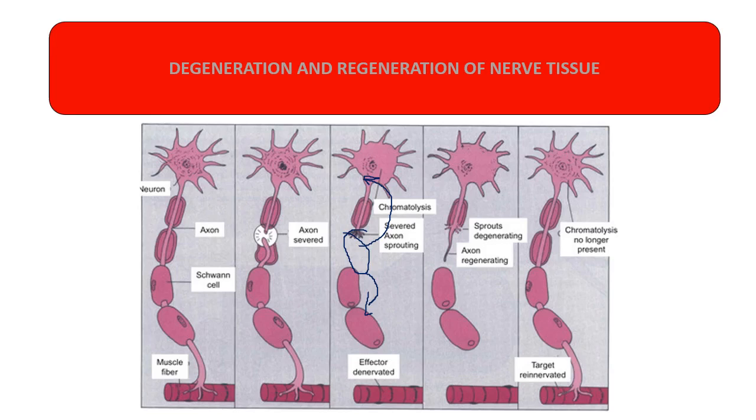How does it aid? It forms a tube like that, which acts as a guide for the axons to regenerate. It forms a tube that aids the regenerating axon to pass in the correct way to reach the end, and by this regeneration occurs.